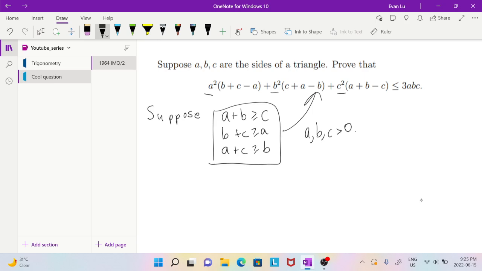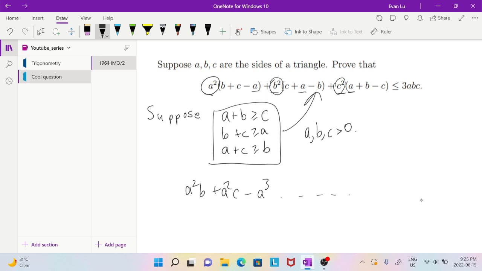If we try to rearrange, we could get A squared B plus A squared C minus A cubed, and then we could try to expand the entire thing. But we can quickly realize we can just look at the things that are factors of A, like A squared times A, or B squared times A, or C squared times A.